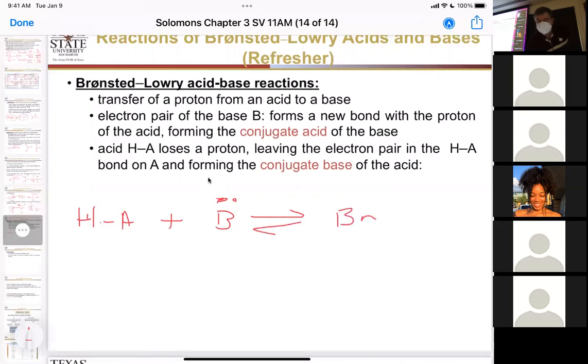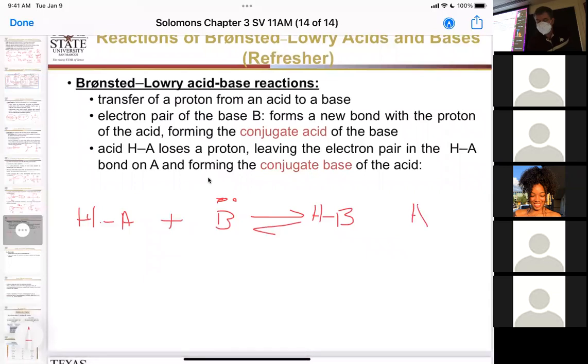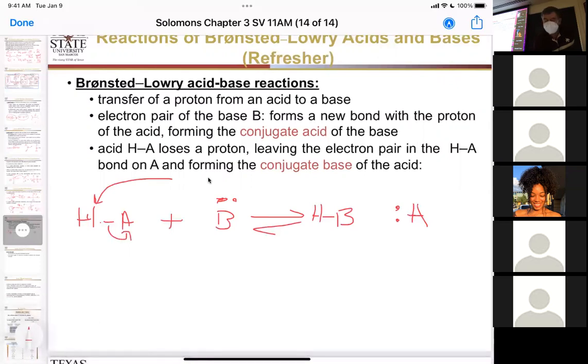So you end up with base with the acid transferred to it. And we end up with our acid with those electrons. So these electrons are being used to make the new bond with the hydrogen, sorry. These electrons are staying with the acid to give us our new thing.